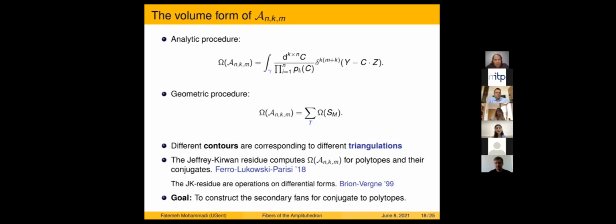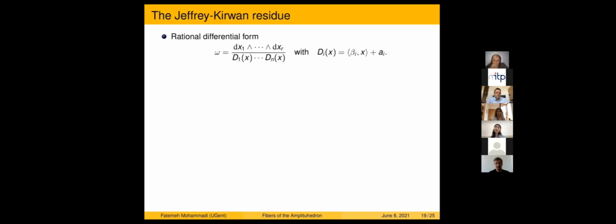Okay, so now let me recall the notion of Jeffrey-Kirwan residue. Basically, you can define it for every rational differential form when the denominator is just a product of linear forms. So this is a degree r rational form with n linear forms as a denominator.